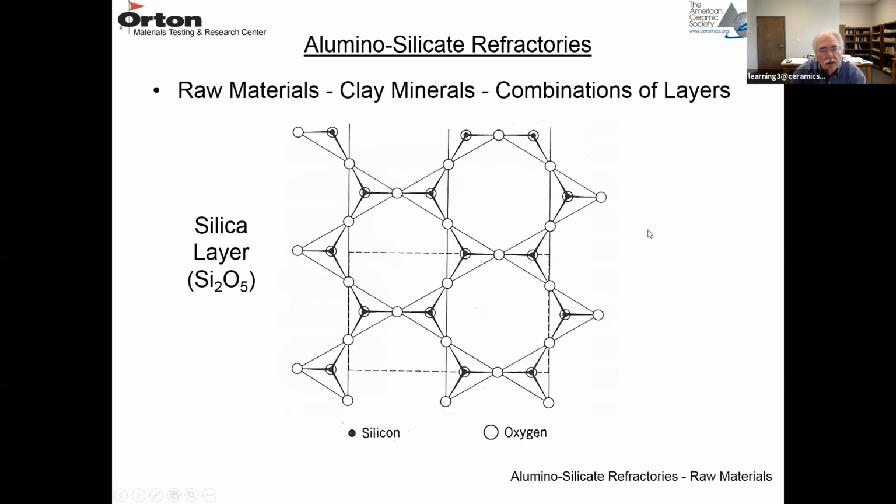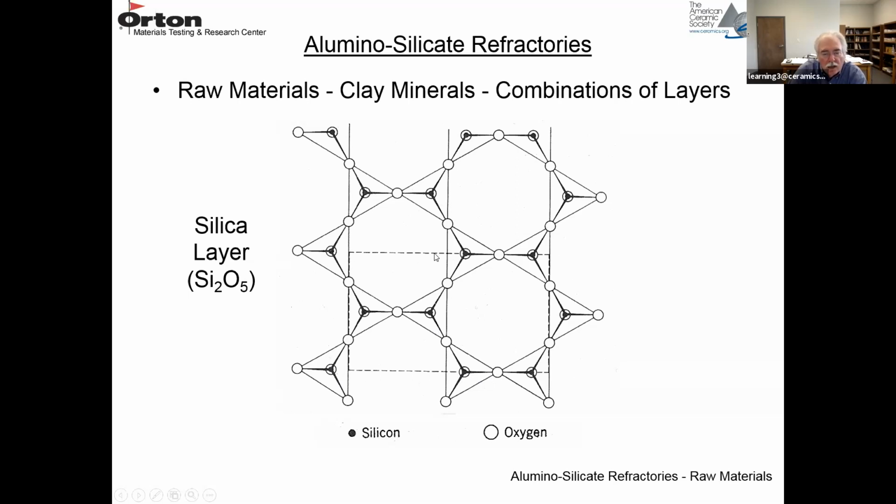So we'll look at the clay minerals first, and they're a combination of 2 layers. The first layer is a silica layer. So there's a silica tetrahedron. The silica is at the center, and the 4 corners are oxygen. So the black circle is silicon, the open white circles are oxygen.